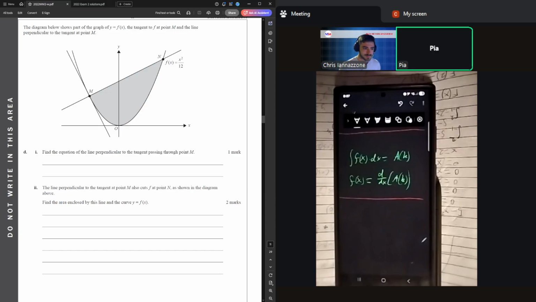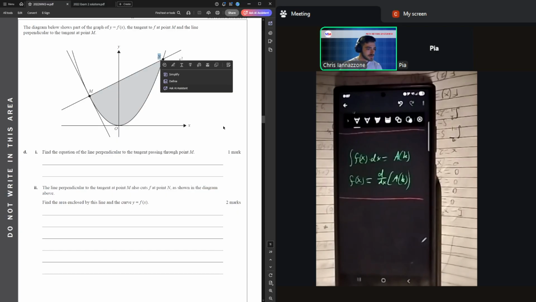I got y equals x on 2 plus 18. Was that the CAS normal line function? Yeah. Easy. Very good. The line perpendicular also cuts f at the point N, which is over there. Find the area enclosed.